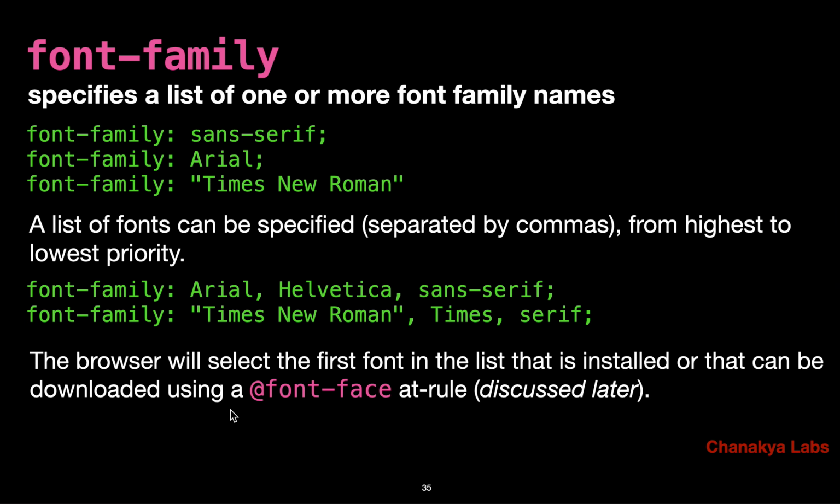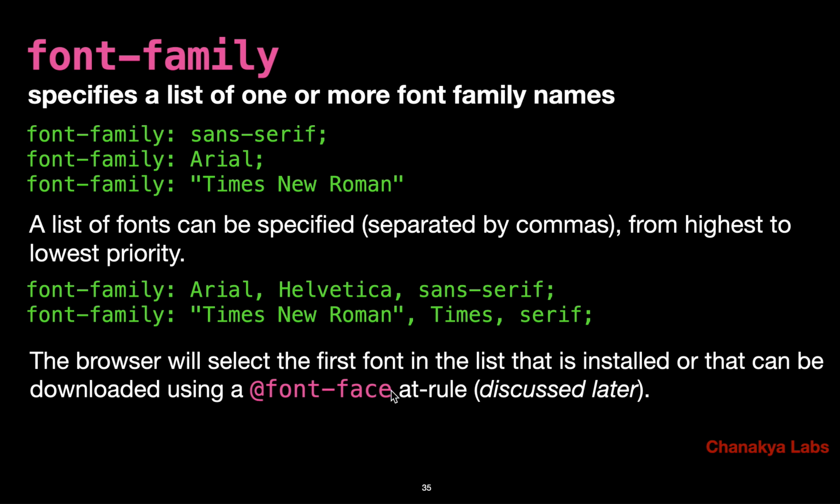What are at rules? There are some CSS selectors which start with an at sign. At this point of time, just understand that if I am creating some new font, like a Chanakya Labs font, I can create my own font and tell the browser that this is not a standard font, this is my special font.